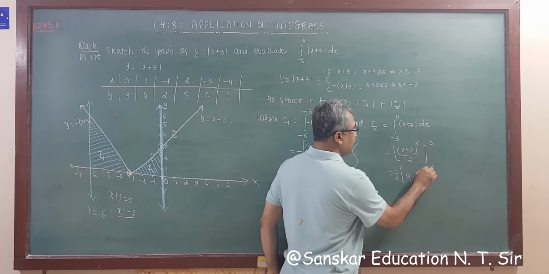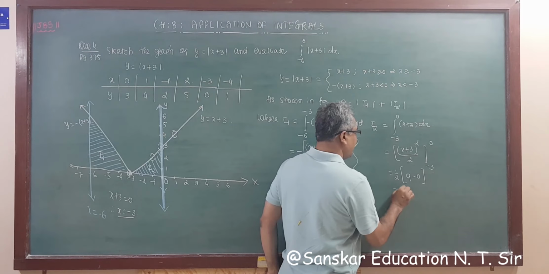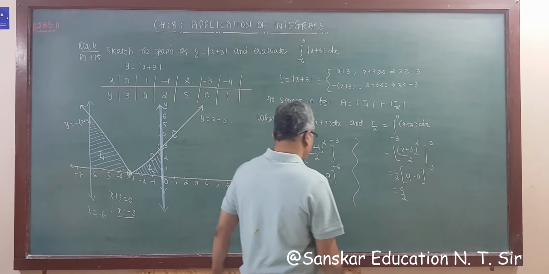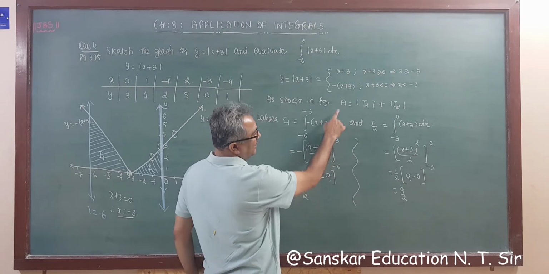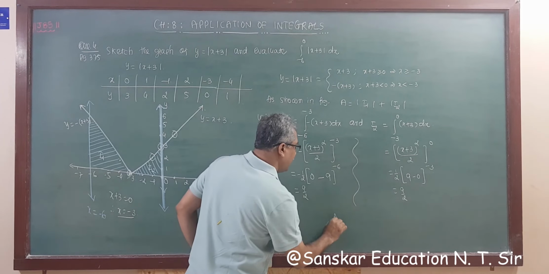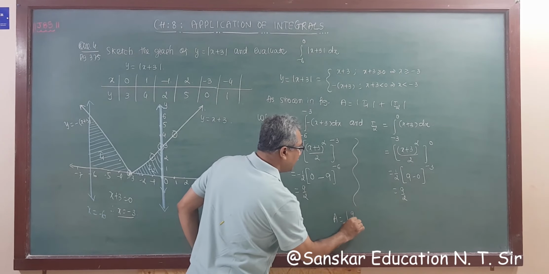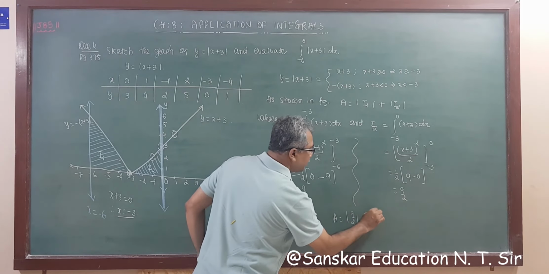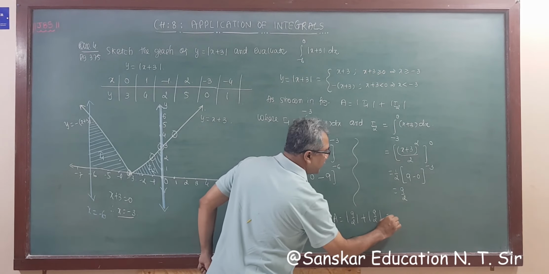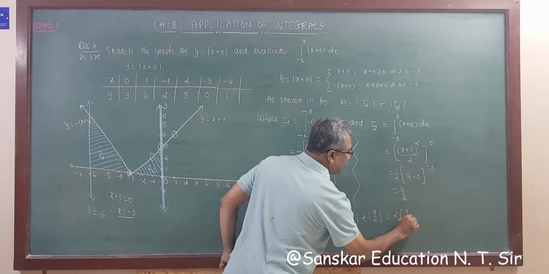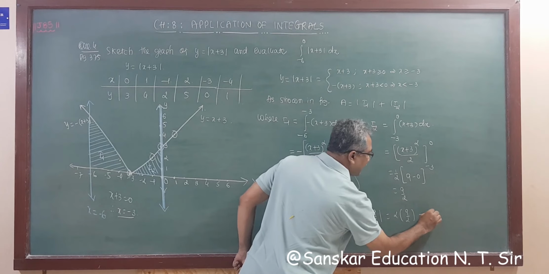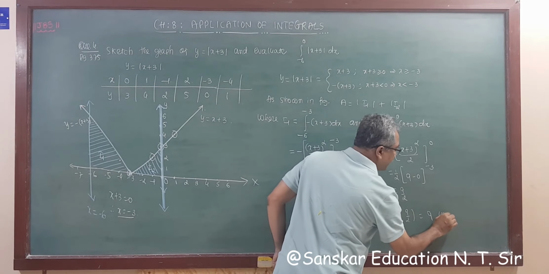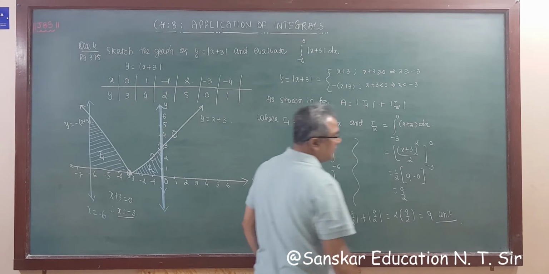So minus 0, the answer will be 9 by 2. So from this I1 and I2, we have A. A is equal to mod 9 by 2 plus mod 9 by 2, that is 2 times 9 by 2, that is 9. So this is your final answer.